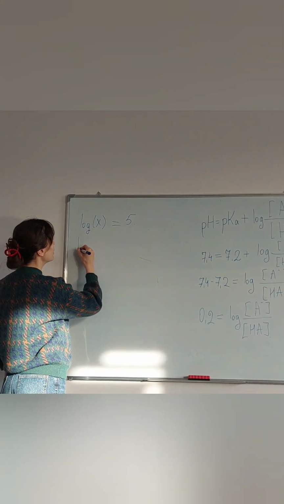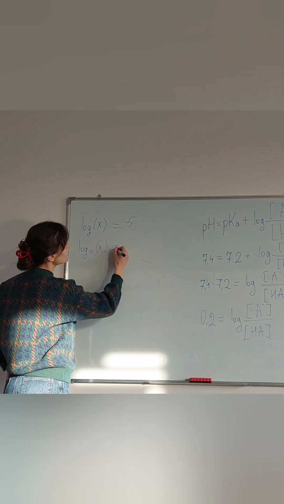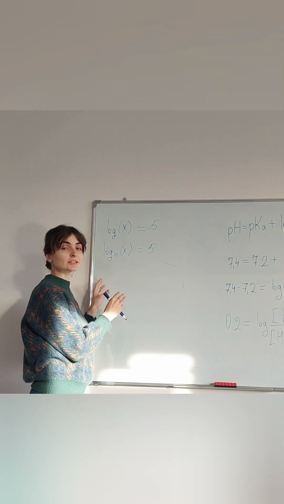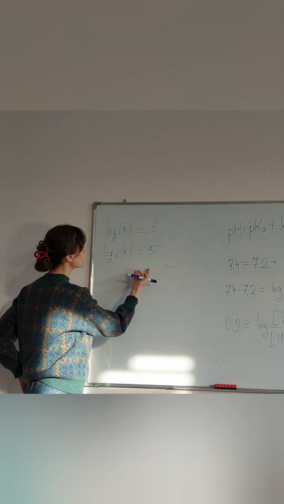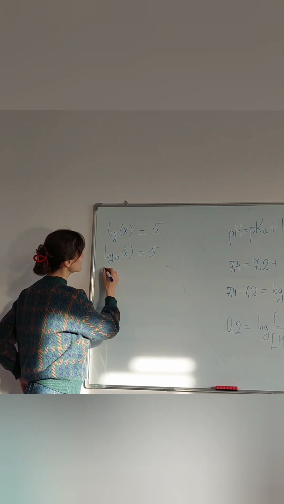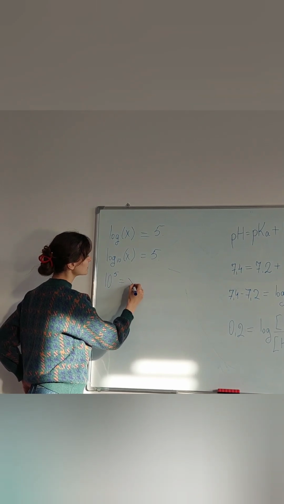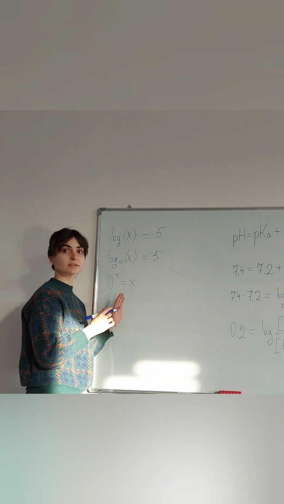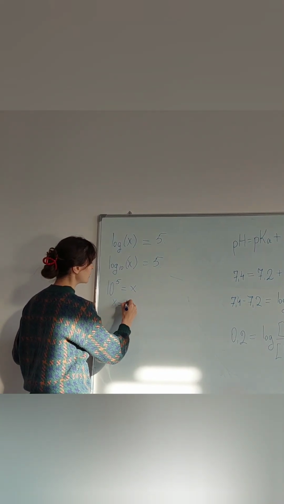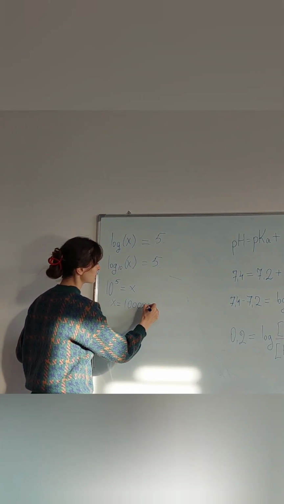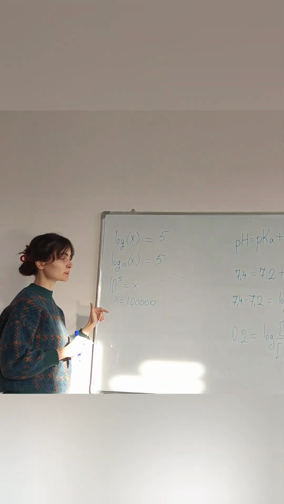It means that the logarithm with the base of 10 of x equals 5. To solve this logarithmic equation, that means that 10 to the power of 5 equals x. Right, so this is the logarithmic value.